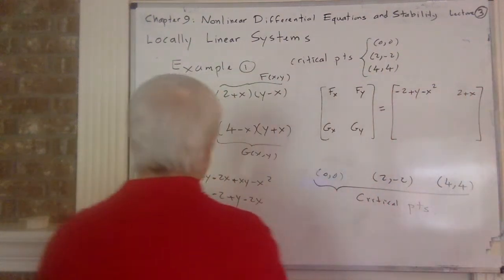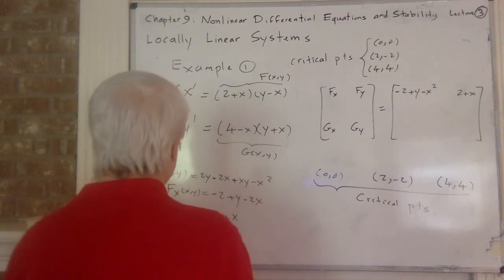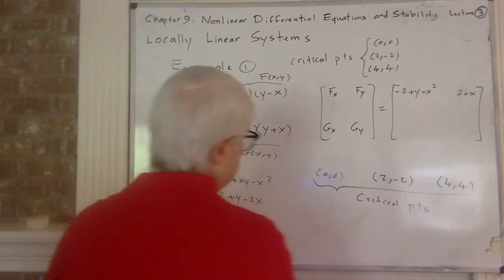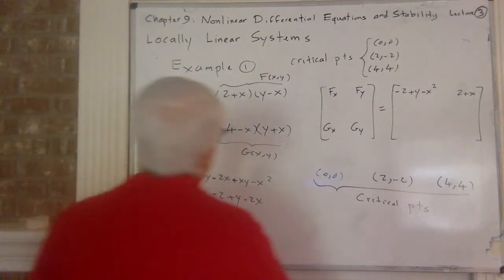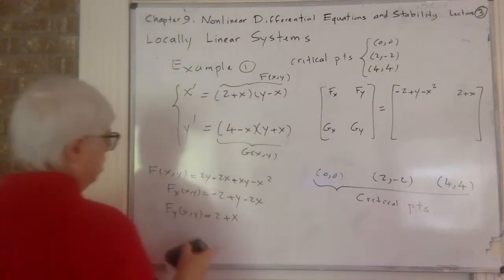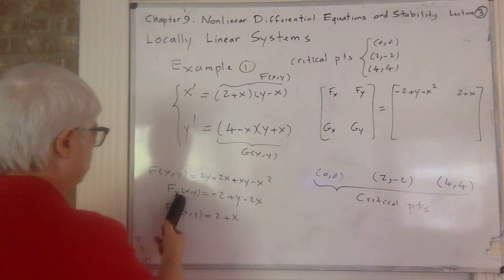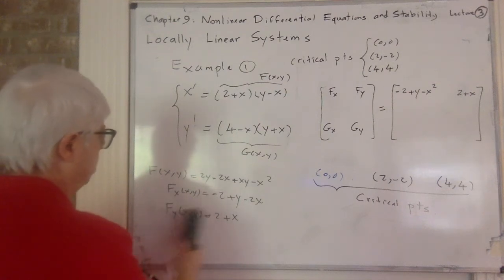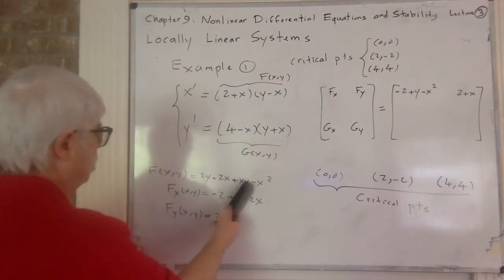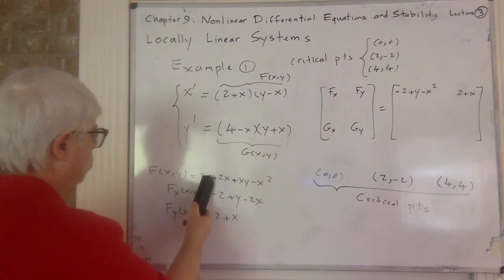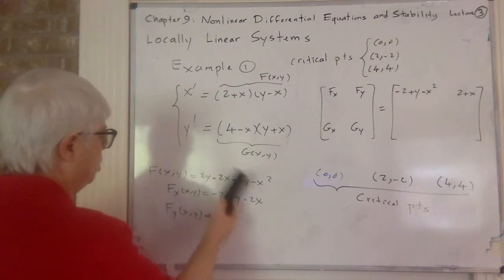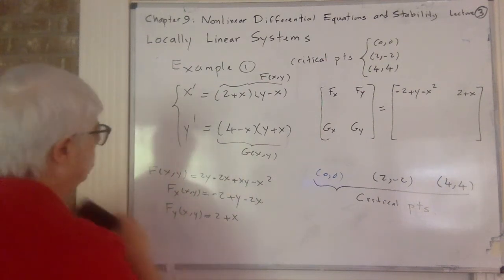This is for any point. And the other one, I need g_x and g_y. So let me double check. There's a minus 2 that comes from here. Then with respect to x, there's a y remaining and 2x. With respect to y, this is 2 here, 0 and x and 0. Okay, so this is correct.